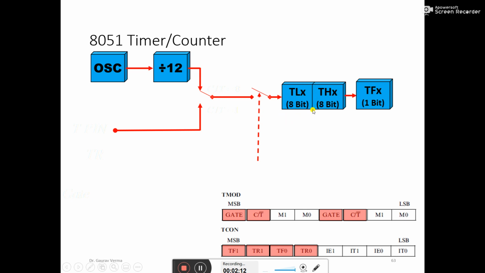There are two registers, TLX and THX, where X is 0 or 1, since there are two timers: TL0, TH0 and TL1, TH1. Then there is a flag bit TFX, which is TF1 and TF0. When the timer overflows, the TF bit becomes high.